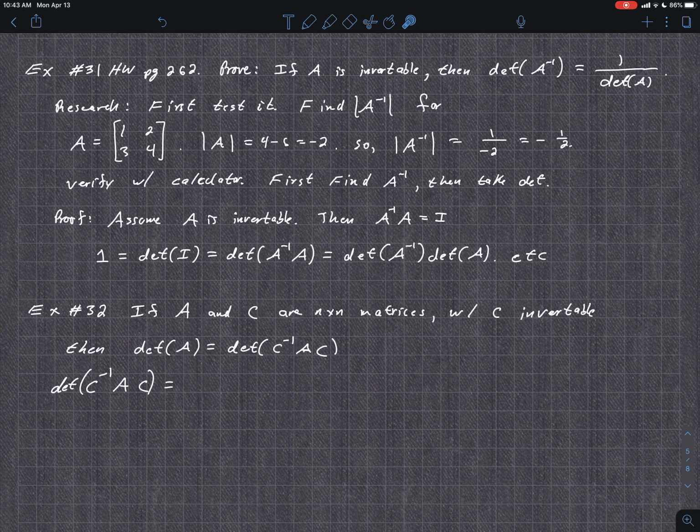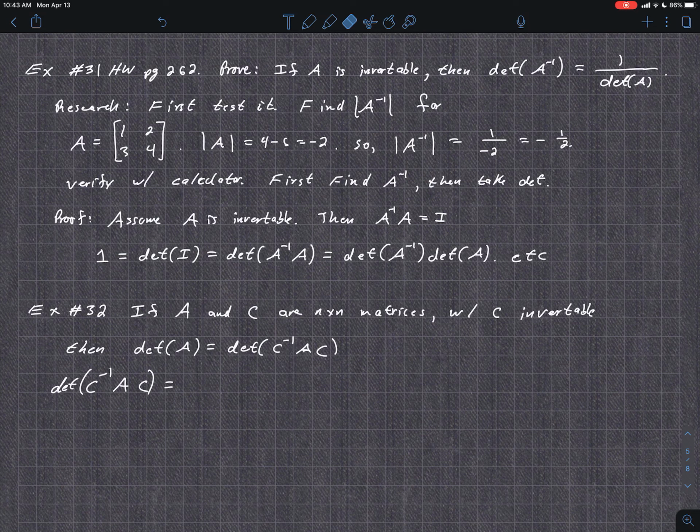You can easily check if a matrix is invertible just by taking the determinant. Or you can just hit the 1 over x button on your calculator like that. Some of them just have that button, and it'll give you an error if it's not invertible, but rather you use operations to test it.